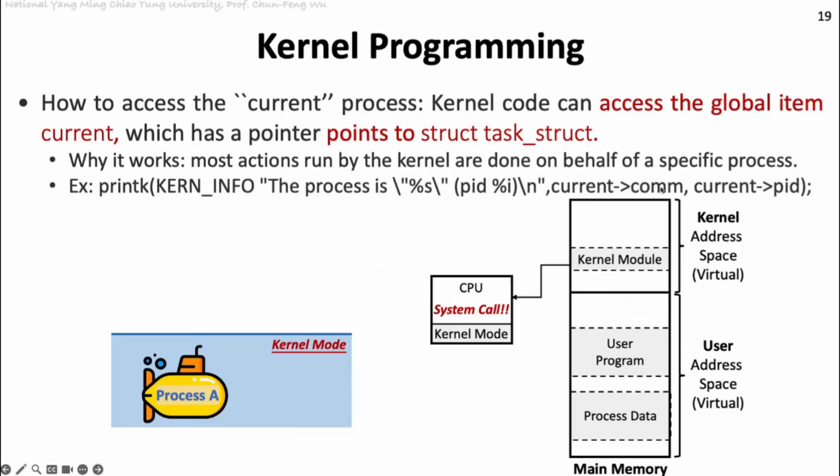So you can use dot comm or dot pid, and it returns the current status of the current user process, for example the PID of the current process. You can get most of the information in the task structure for the current process. So this is about it.